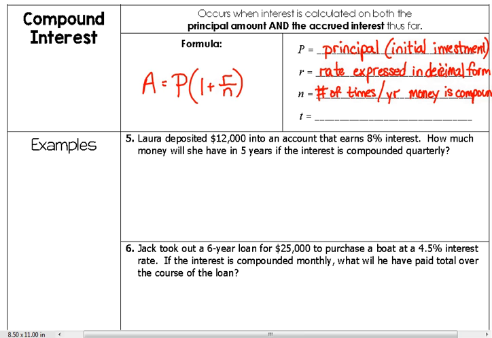Quarterly would be 4 times in a year. It could be compounded every month, so that would be 12 times per year. N is the number of times per year the money is compounded. And then we're not finished with the equation. That is raised to the N times T. So the N is the same, and T is the time in years.